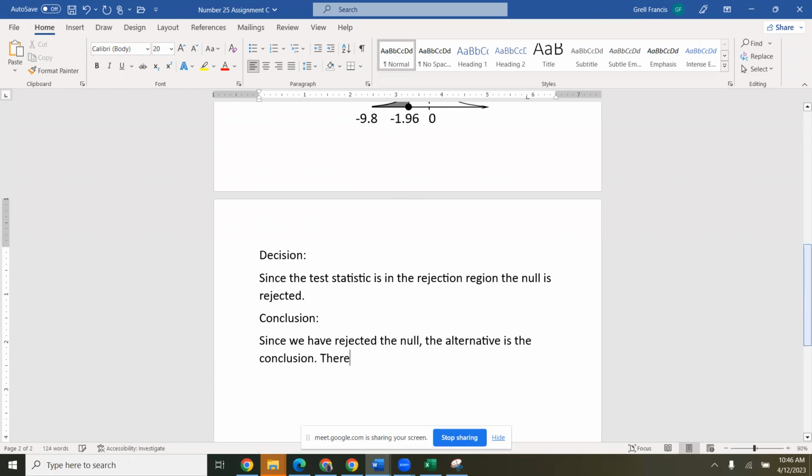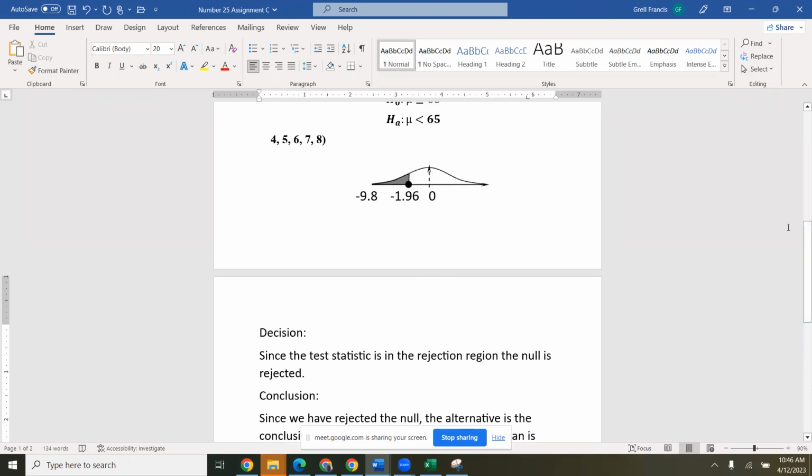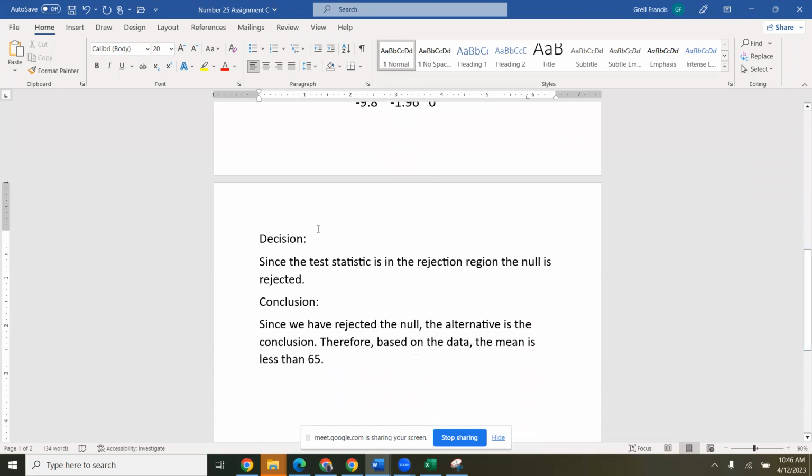So therefore, based on the data, the mean is less than 65, because that's what the alternative is saying, and that's the conclusion. That will be step number 9, and that will be step number 10.